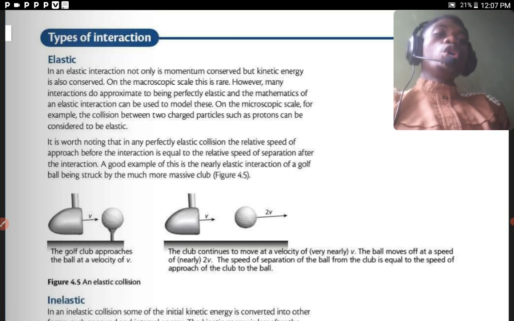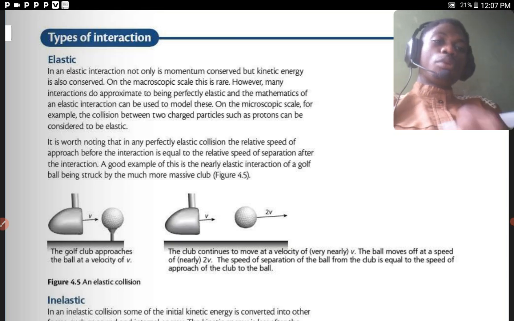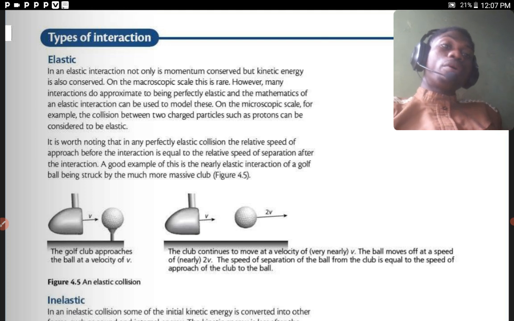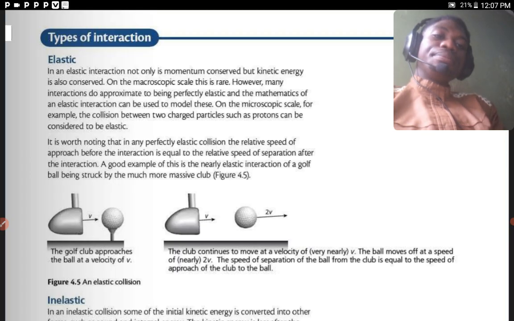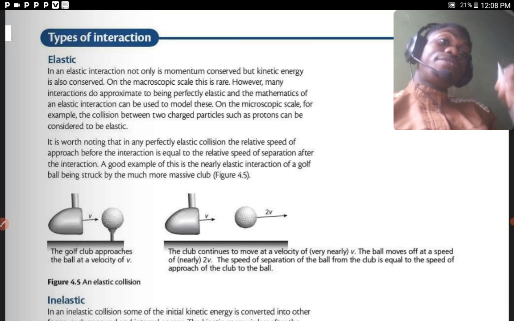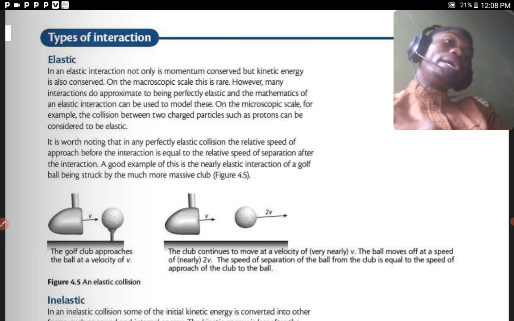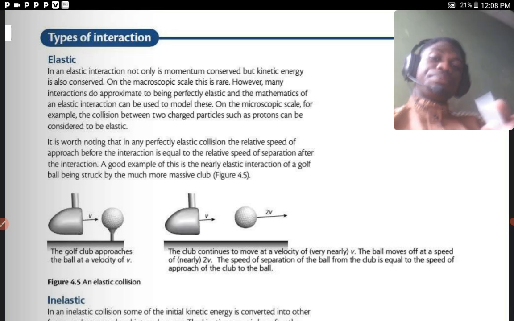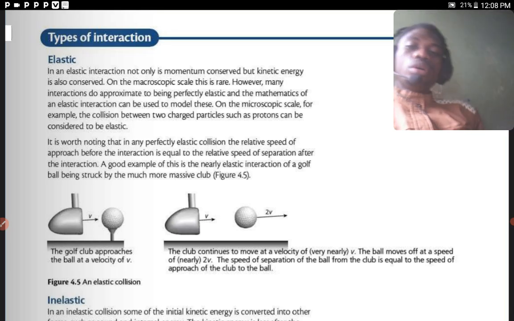So the speed of approach is the coming speed, and the speed of separation is the speed afterward, after impact. So for elastic collision, the relative speed of approach is equal to the relative speed of separation after collision. That is so good to note.